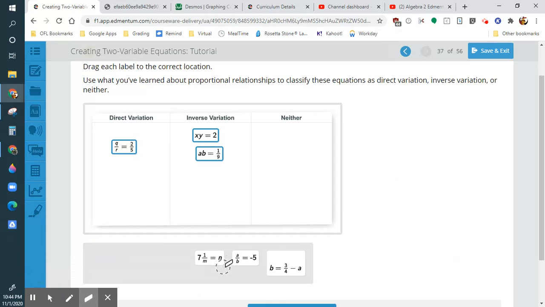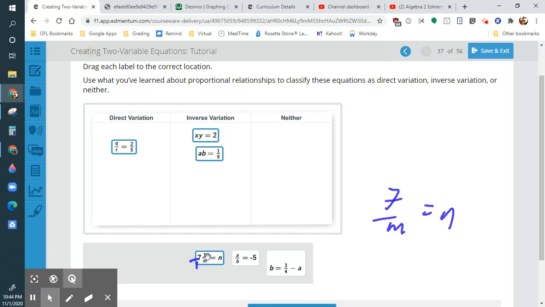All right. And this one, notice how 1 over m, that's an inverse variation because, just to make this a little more visual, this could be 7 over 1. So we have 7 over m equals n. So that's an inverse variation.